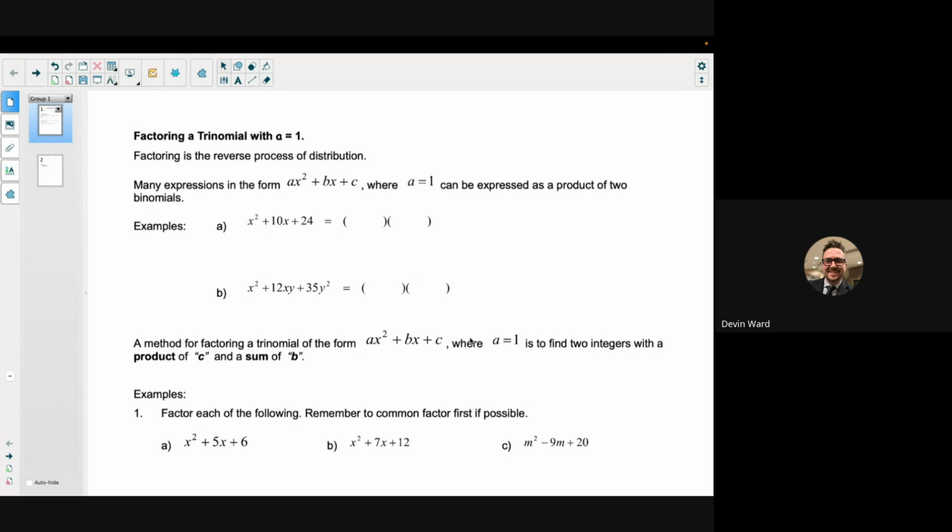If your product is negative, you need to have one positive and one negative number. Even when our sum was negative, a negative times negative got us a positive number. So the only way to multiply two numbers together to get a negative number is if one is positive and one is negative.